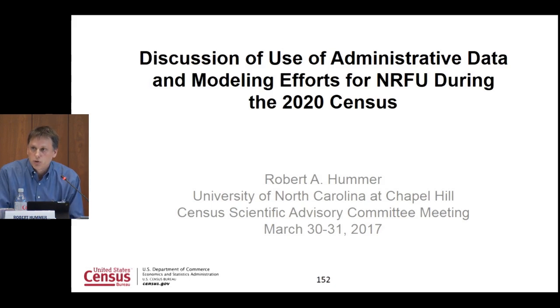This is a major new strategy, administrative records, and the idea is to significantly reduce the number of field staff and door knocks. That's what this is all about. It's one of the four key strategies outlined in Census 2020 to cut down on costs and produce a high-quality census. So this needs to work, and that's why this is so important.